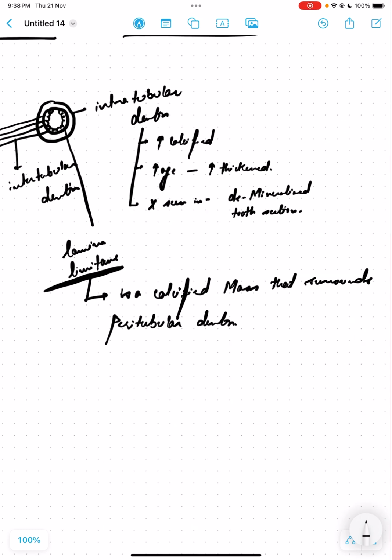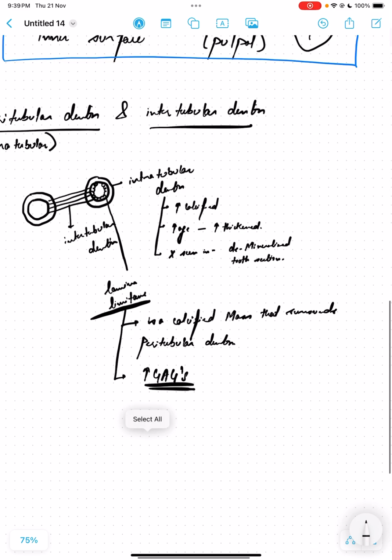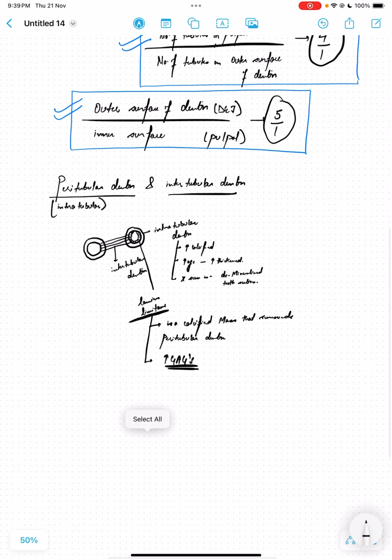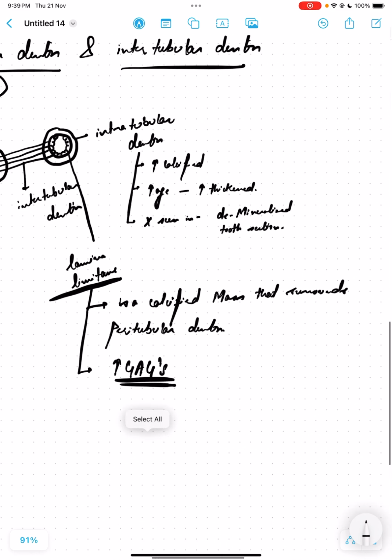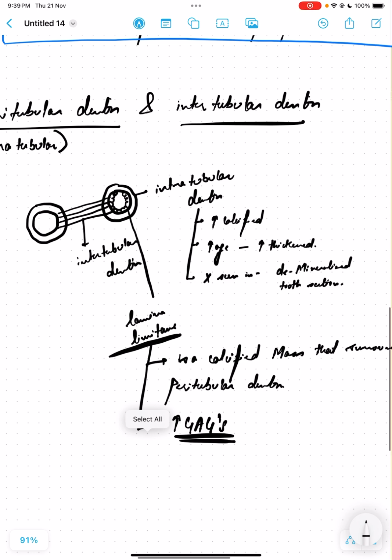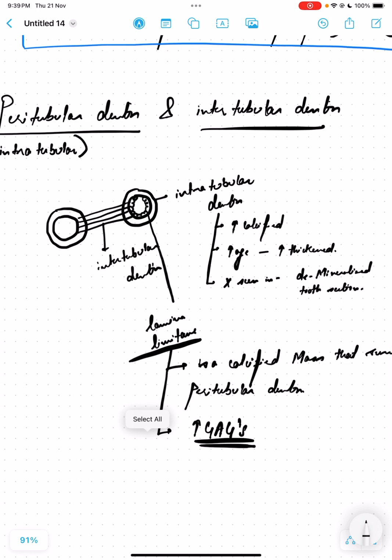This lamina limitans is rich in GAGs. What is GAGs? It is glycosaminoglycans. I think all of you are thorough with the peritubular dentin and the intertubular dentin. The lining of the peritubular dentin is called lamina limitans.